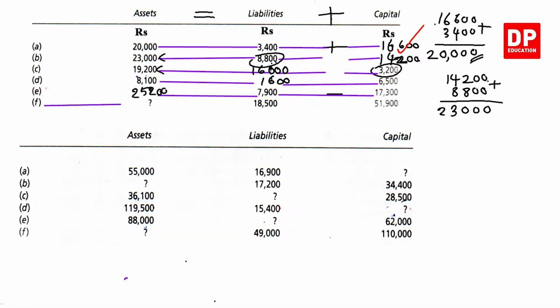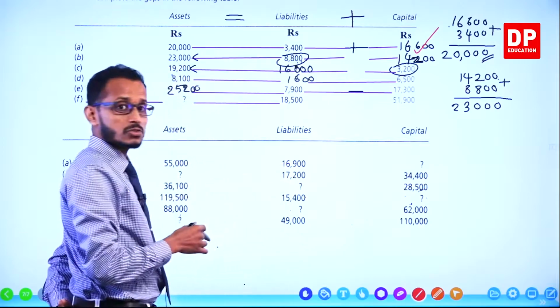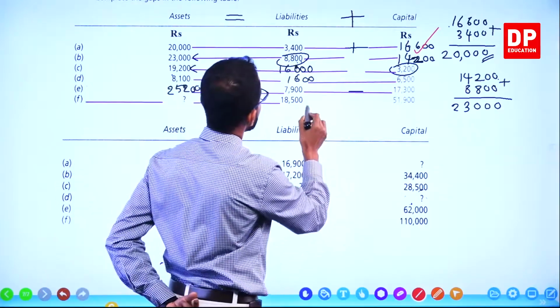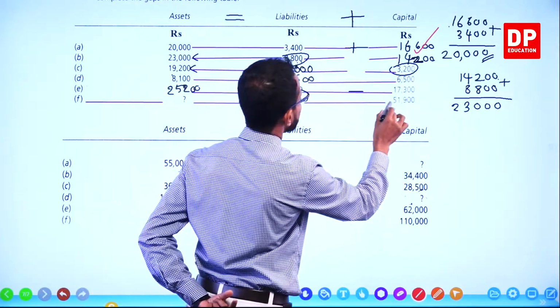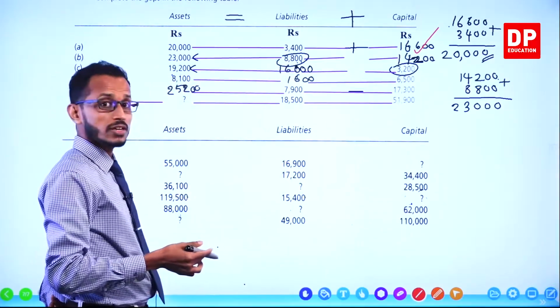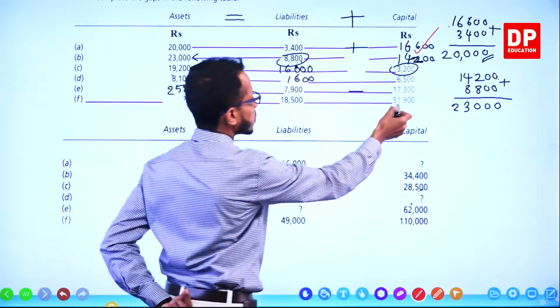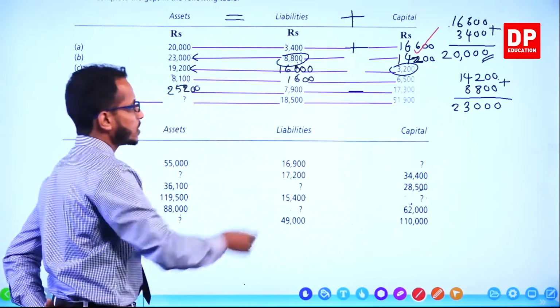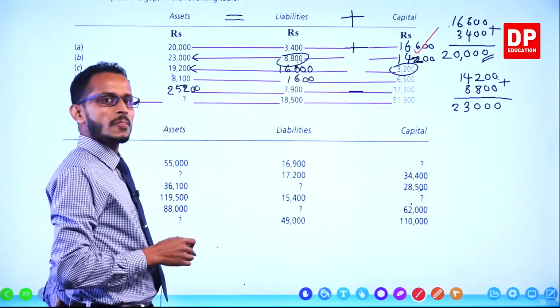Last one, right? We don't know the assets, but we have 18,500 worth of liabilities plus 51,900 worth of capital. This much of assets invested by the owner, this much of assets borrowed from external parties.